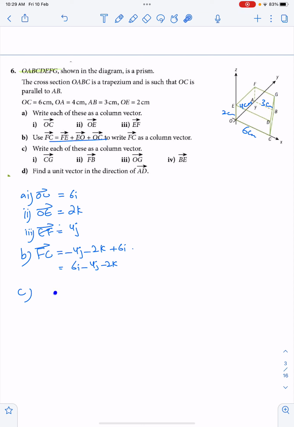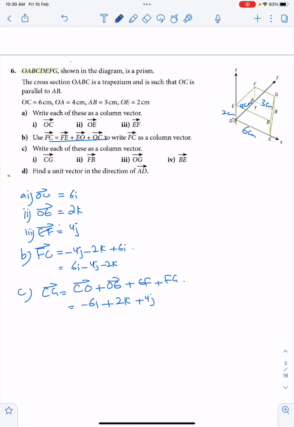I'm writing CG equals CO plus OE plus EF plus FG. CO is minus 6i, plus OE is 2k, EF is 4j, and FG is in the same direction as OC.